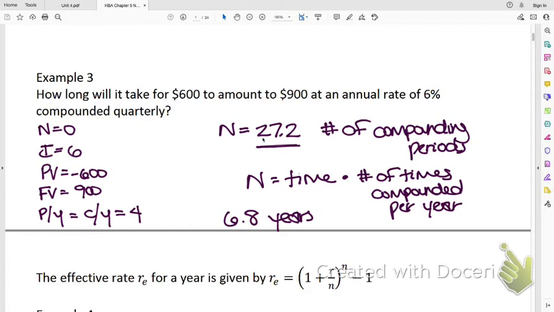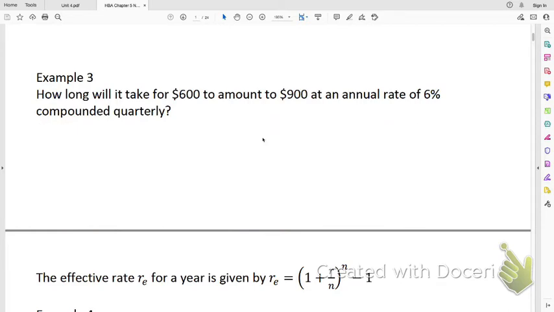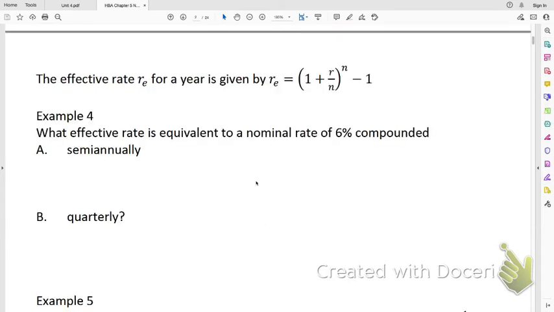All right, so then we have this thing called effective rate and nominal rate. This is, again, one of these things that doesn't make a whole lot of sense to me. This is my best way to explain this. Nominal interest rate is what you are given.